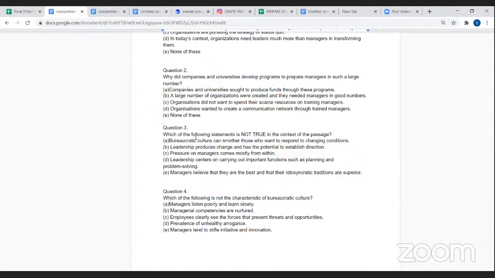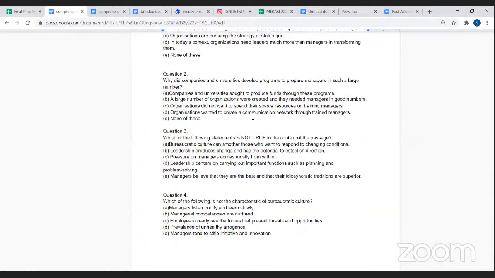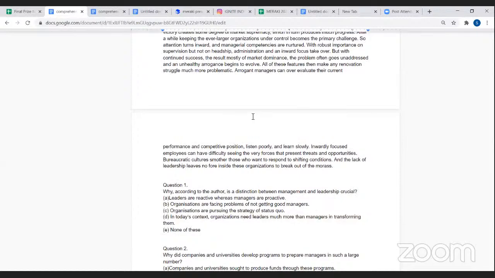Question 3, which of the following statements is not true in the context of the passage?